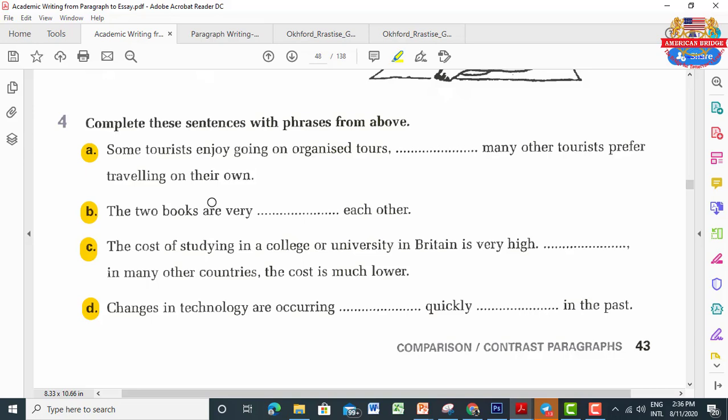And the others prefer traveling on their own. So what are you going to complete here, everyone? To show the contrast meaning, we have but, we have while, or we have though, right? So you can use three of these to complete here.